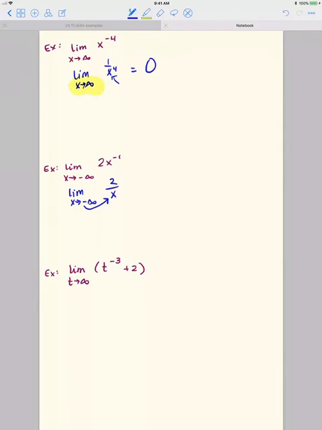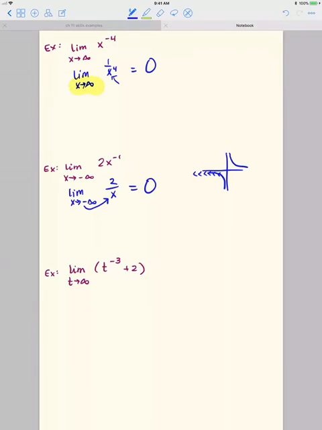And as x goes to negative infinity, you can graph this, but it's going to have a very similar shape to the 1 over x. The curves might just be slightly different. So as x goes to negative infinity, those fraction values still try to get closer and closer to 0. So the limit for that function is also 0.